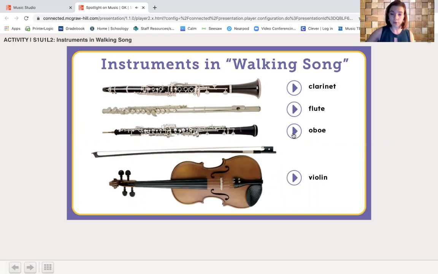Okay, and the oboe sounds like this. Oboe. And the violin sounds like this. Violin.